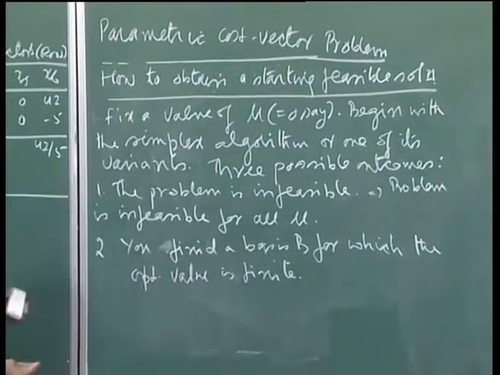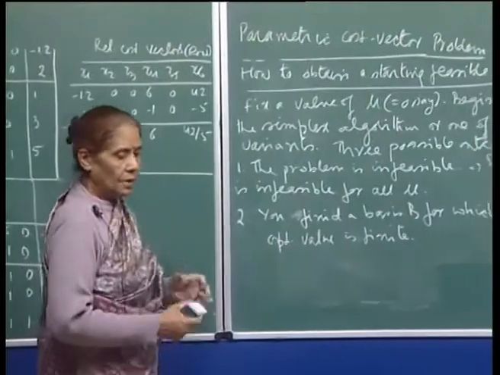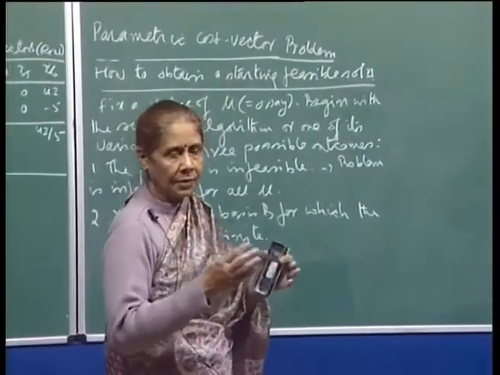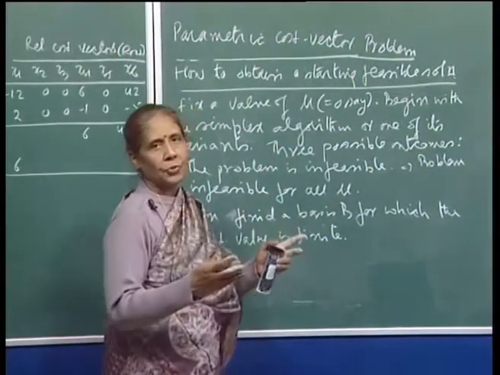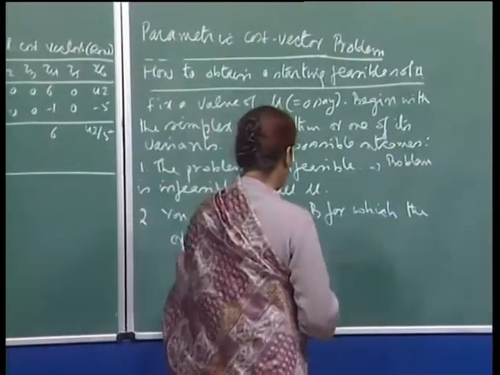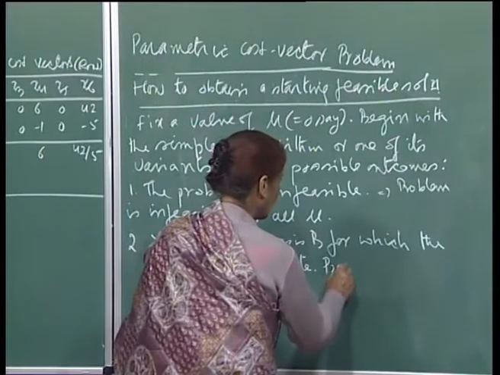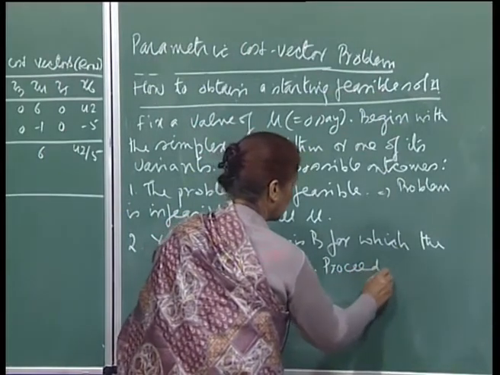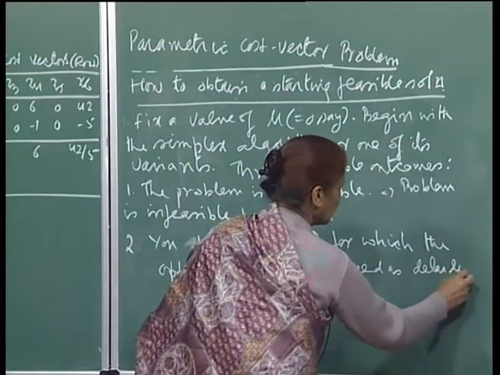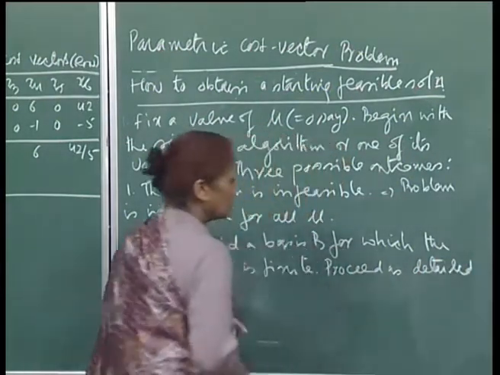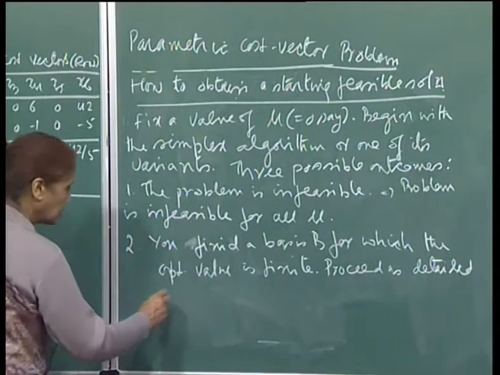Then you already know, I have spelled out in detail, that once you have an optimal basis for some value of mu, you know how to proceed. So if it is finite, then proceed as detailed above. I have given you the details above.